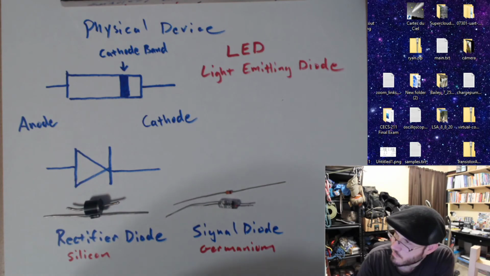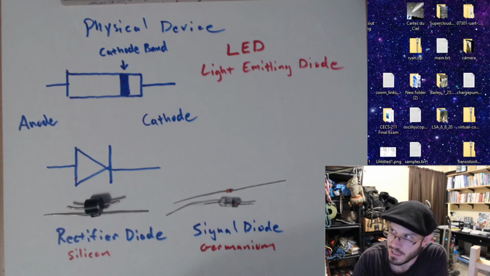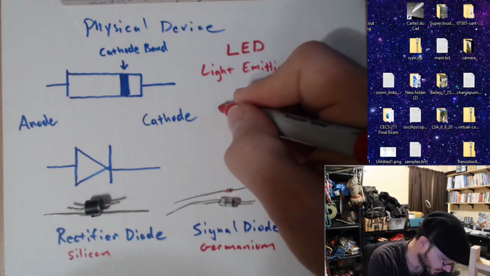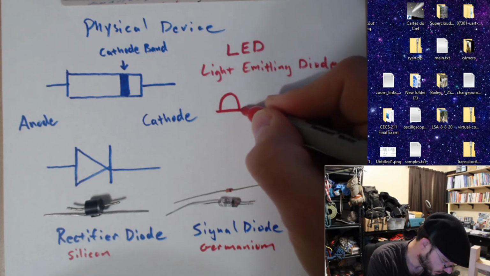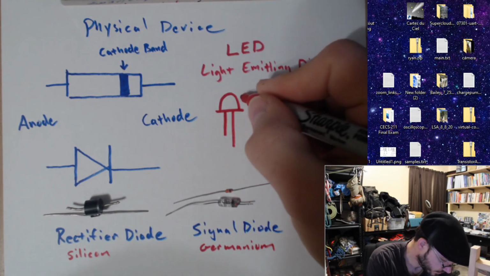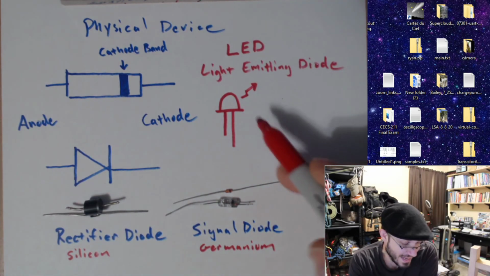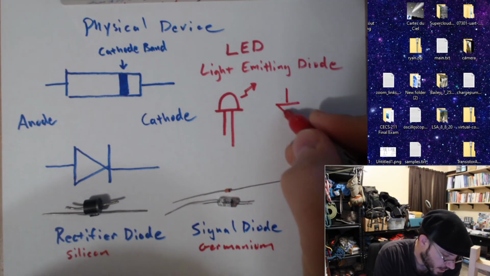Now, an LED, as far as the physical device, looks a little different because its intended usage is quite a bit different than other diodes. Okay, so it is a diode, a light emitting diode, absolutely.